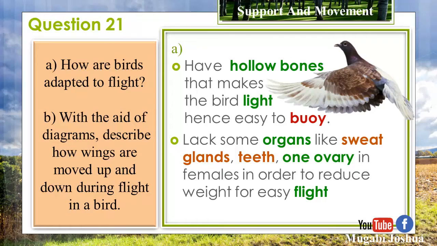They also lack some organs like sweat glands, teeth, and one ovary in females in order to reduce weight for easy flight.